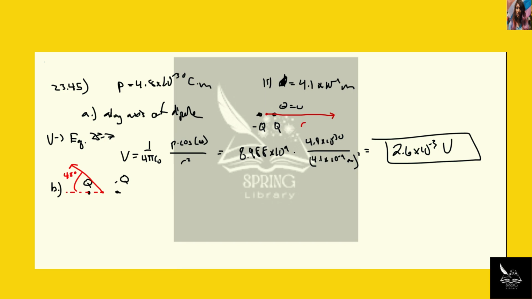So now we can use our equation. 1 over 4 pi epsilon naught times the dipole moment p times the cosine of 45 degrees all over r squared. So let's plug this in.